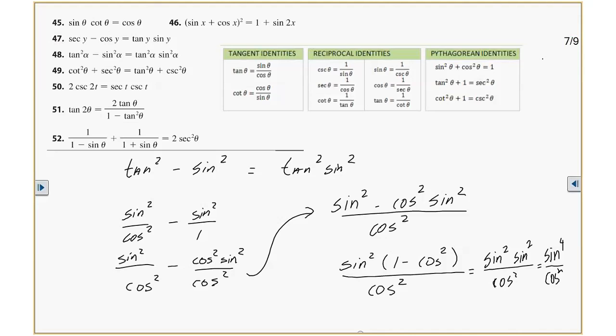No, because then you still got sine or cosine right here. You know what I'm thinking? I'm thinking that we could change this cosine squared into 1 minus the sine squared, right? Could we do that?